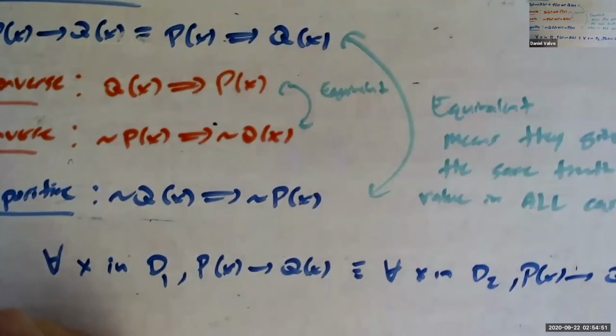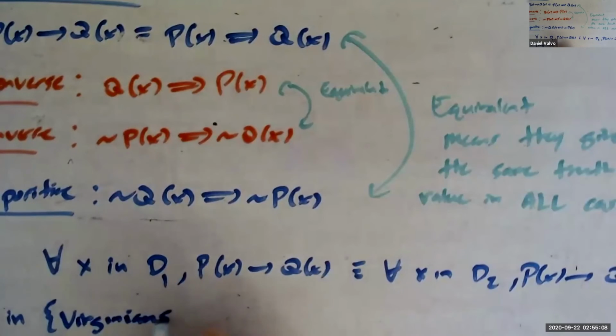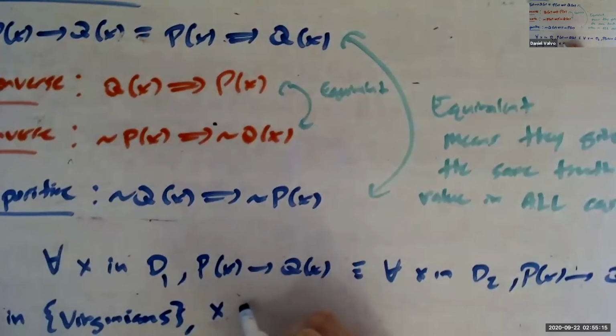for all x in Virginians, so people that live in Virginia, actually no, let's do this.